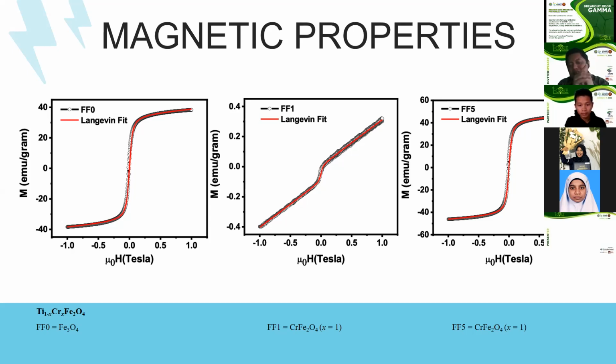Although chromium is initially paramagnetic, when the chromium ion is inserted into Fe3O4, it becomes a combination of superparamagnetic and paramagnetic. And in the middle figure, we can see the purely paramagnetic behavior.